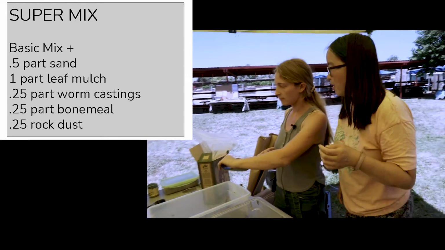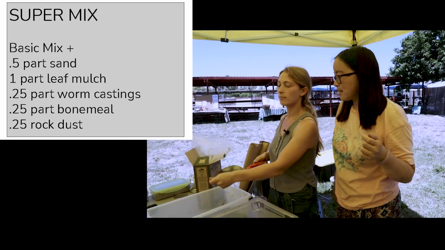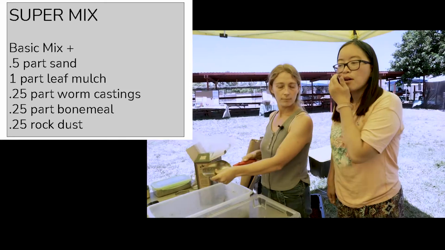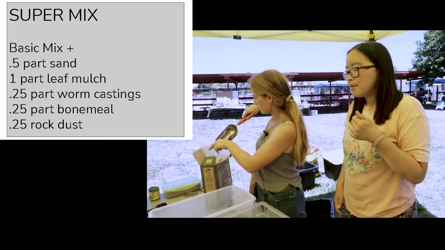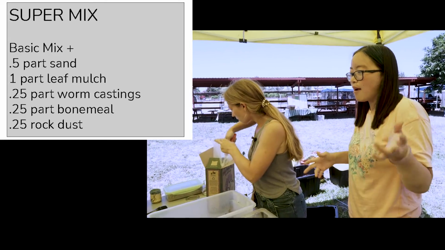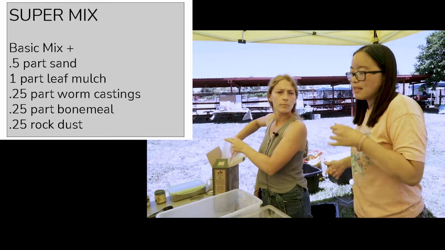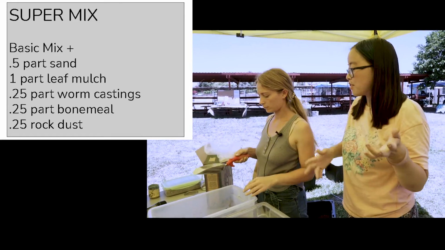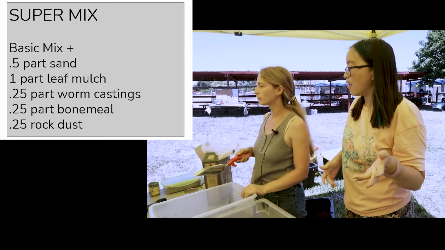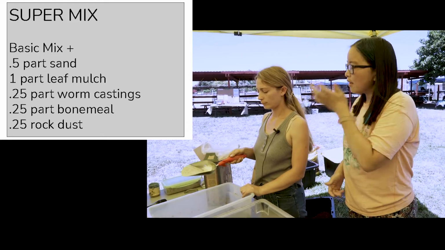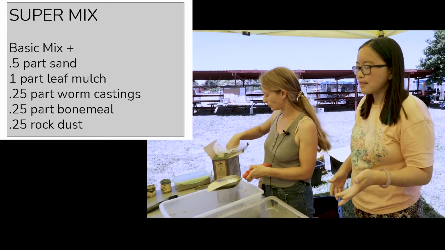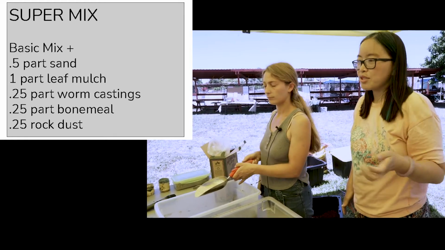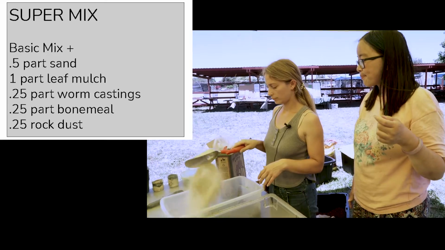It's more of a high phosphorus amendment, but it also has nitrogen in it. Sometimes our compost tests pretty high in phosphorus, so we don't necessarily need to add it all the time. But if you don't have phosphorus in your soil, it helps to add bone meal. Bone meal also consists of a lot of calcium, which is good for your soil as well. So other nutrients are in there as well.